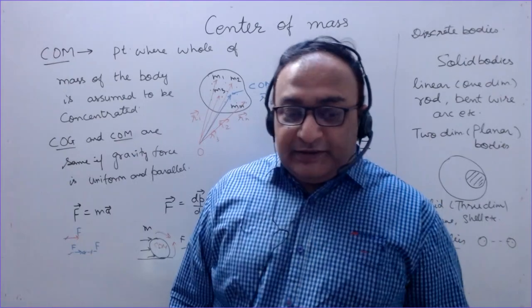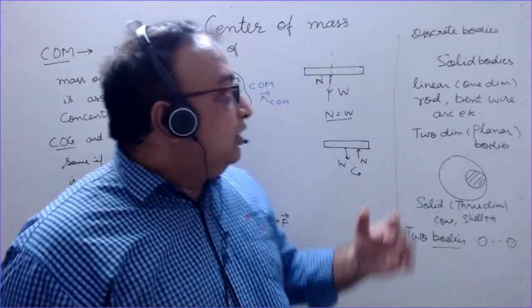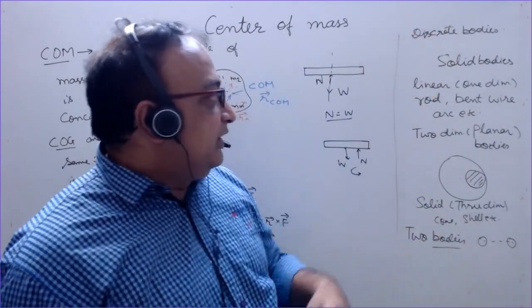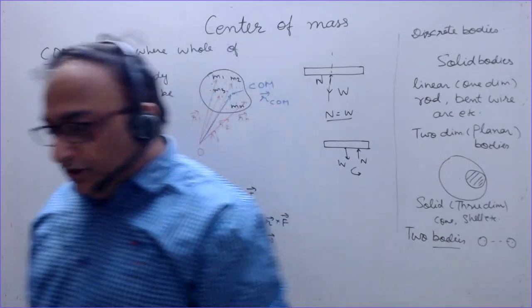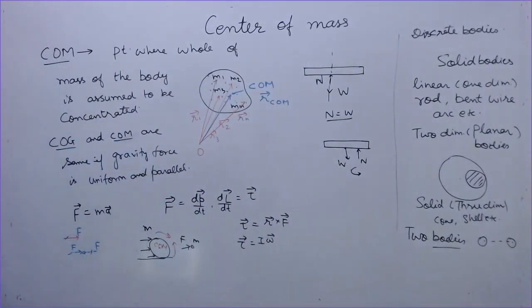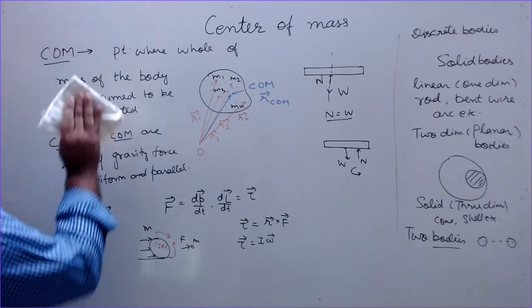So after this, we will discuss these bodies. First, let us take the linear bodies. But before discussing the linear body, let us find the center of mass of a two-point body, not bodies.